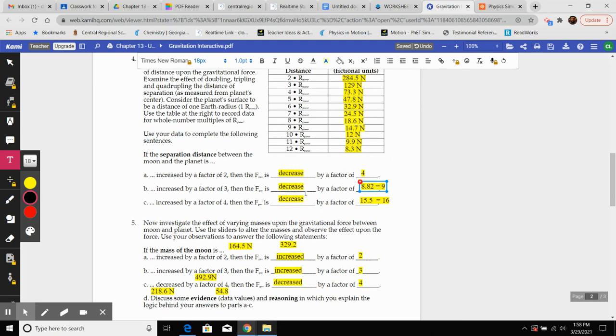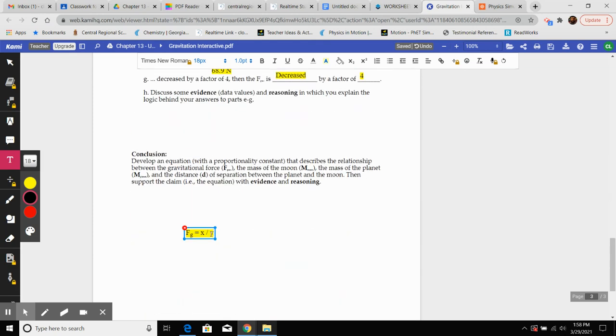If I tripled it, it went to 1/9. So the bottom half of this equation is going to be the distance, and the distance is squared, because when we doubled it, that's basically dividing by 2 times 2, which is 4. So it'd be 1/4. If d was 3, 3 squared is 9, and we came out with approximately 1/9 the original force. If d became 4, it'd be 1/16 the original force.